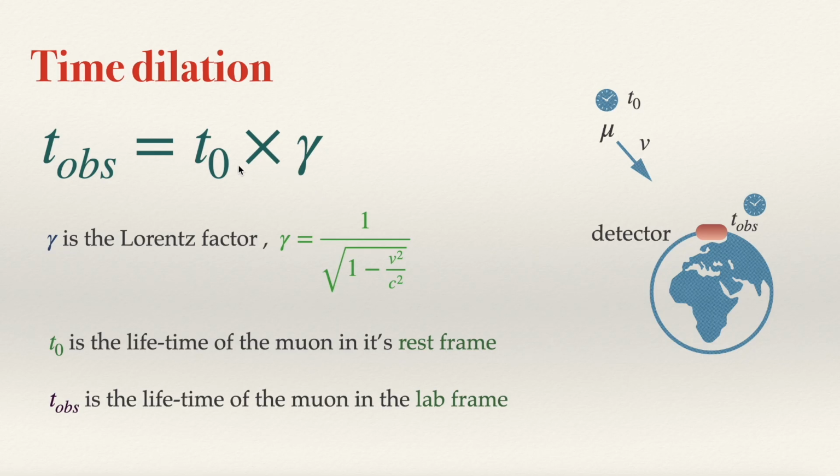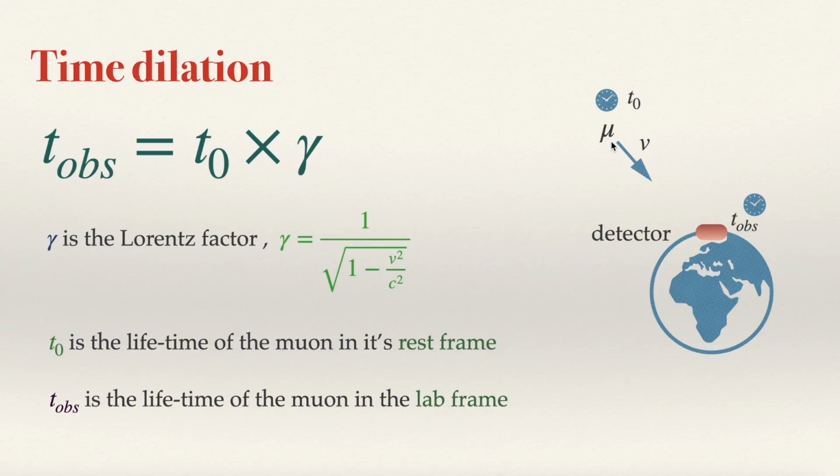Let's say T0 is the muon lifetime in its rest frame. That means in the muon's frame, its lifetime is equal to T0, which is equal to 2.2 microseconds.